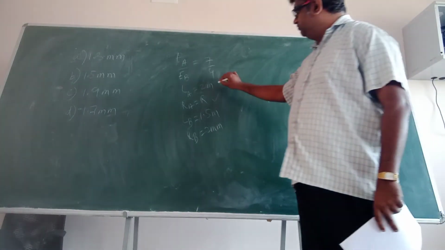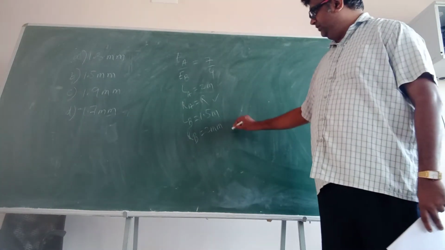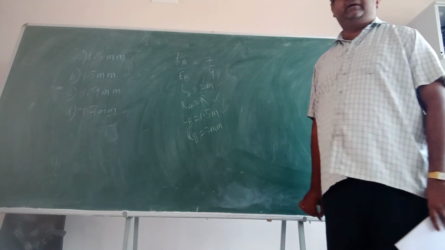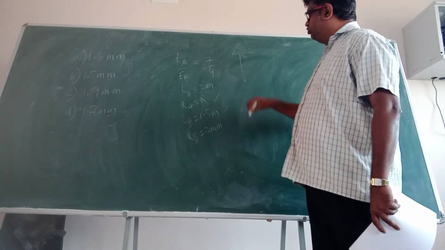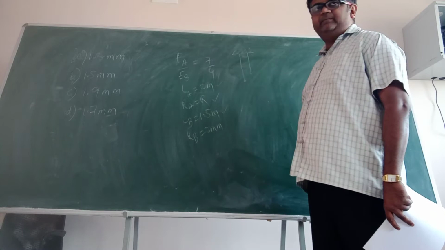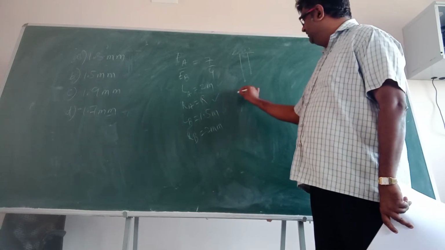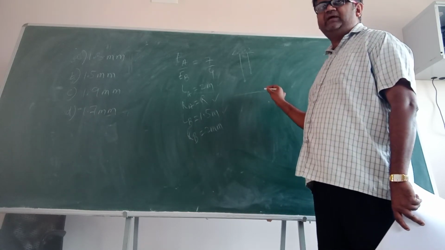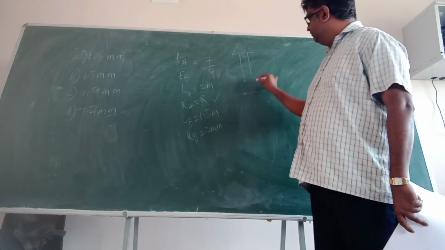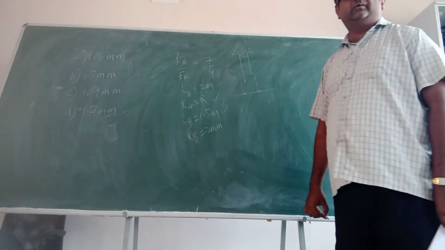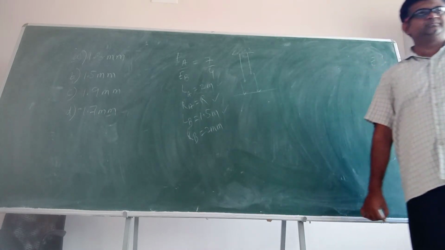Now this wire is 2 meter length and this is 1.5 meter length. So one wire is 2 meter, another wire is 1.5 meter. And they are both stretched up to the same extent. Means this was stretched up to here and this was also stretched up to here. That is the meaning of it.